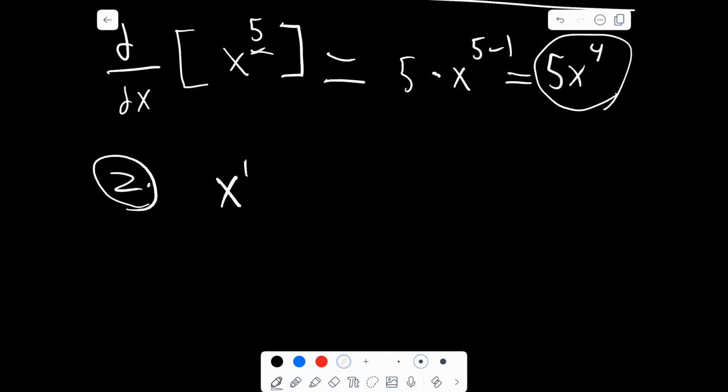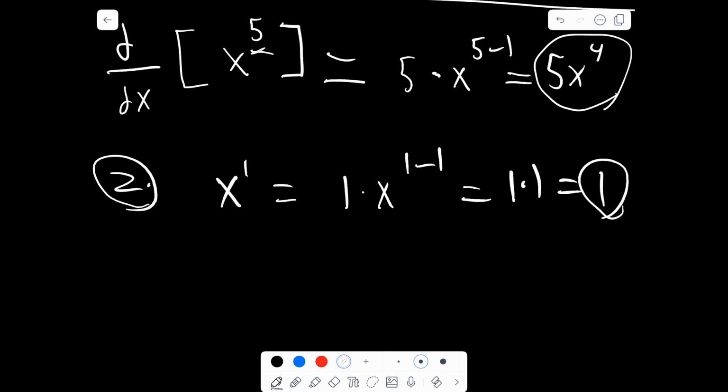So what do we do here? Do it with me. We bring the 1 down, multiply it to the x, 1 minus 1. X to the 0 is just 1, so we're left with 1 times 1, which is equal to 1. That's our derivative. This was still a d over dx, by the way, with that in brackets.